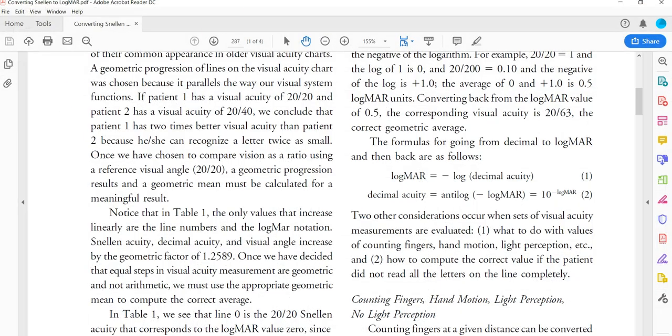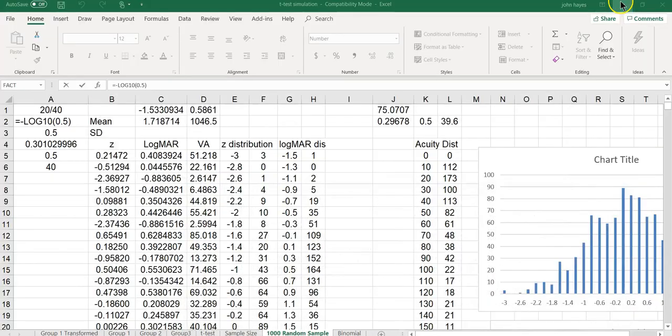And then just to show how we can get back to that, we can take the log of, let's see, we got this.